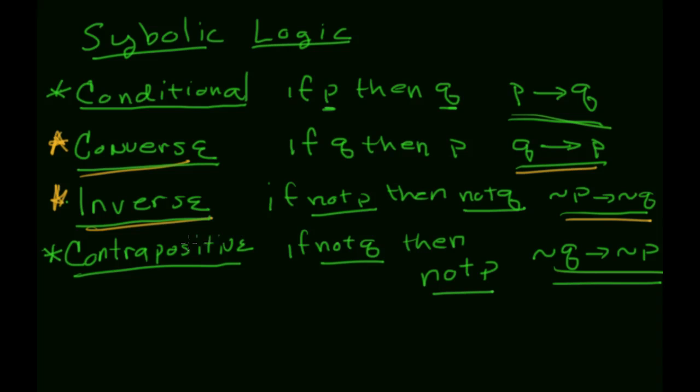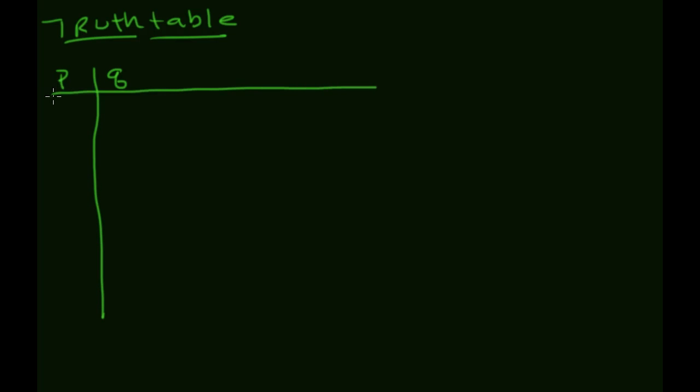All right, so this is all symbolic kind of stuff. We're going to build what's called a truth table here to see how some of this plays out. In a truth table, we're going to set a P and make a Q. The P has two trues and two falses.